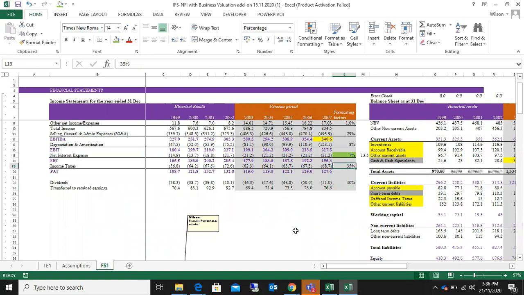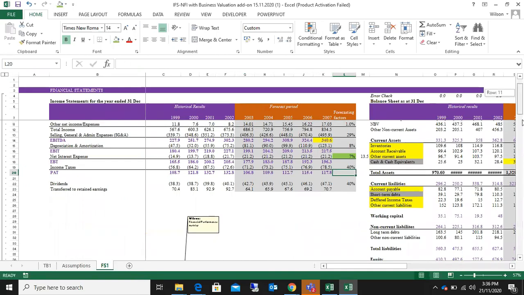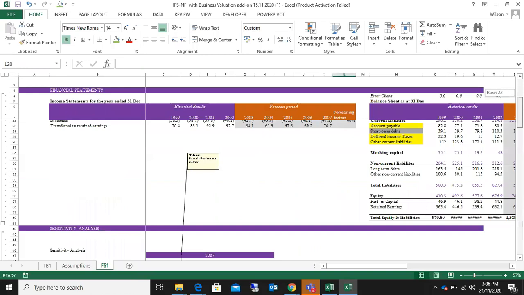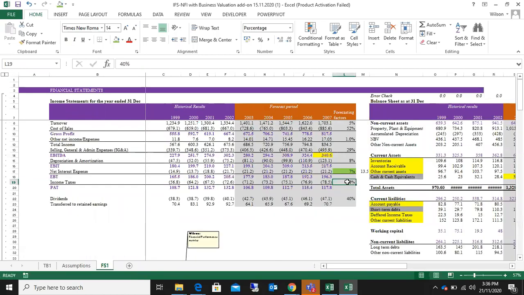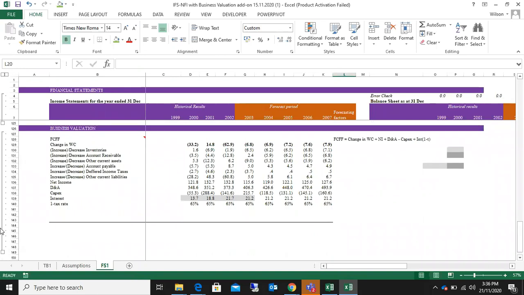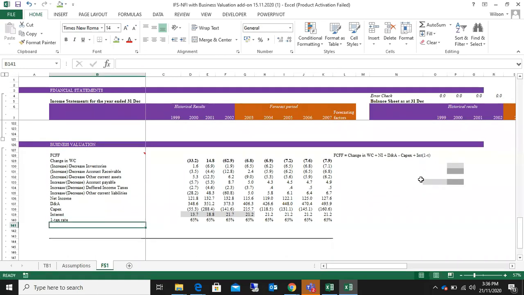For instance, if I change this tax rate to 40%, it changes this. That is why it's always better to link instead of hard-coding. That's the beauty of financial modeling. You have to make sure anything that can be linked is linked. That's why it's a model. If you're not linking, then it's not a model.